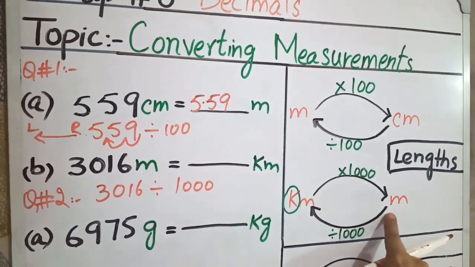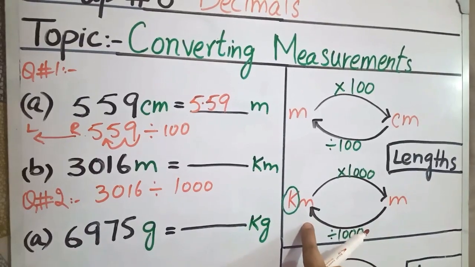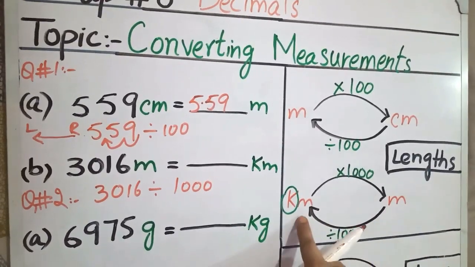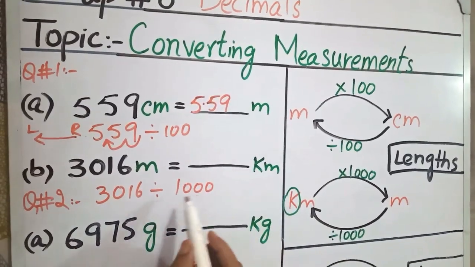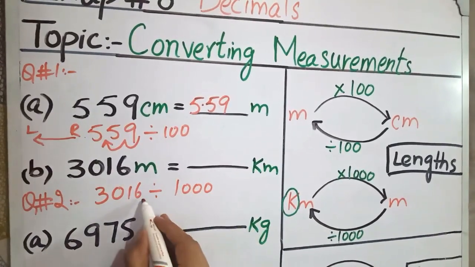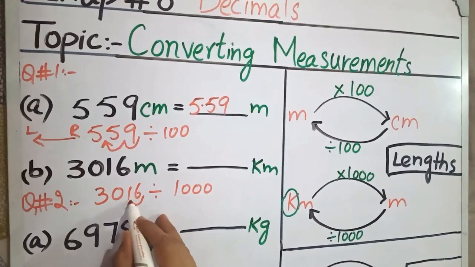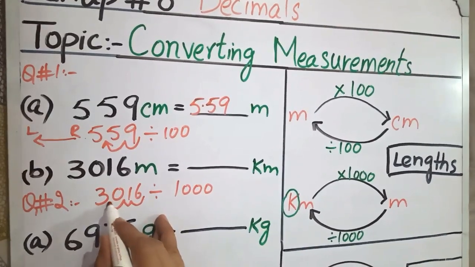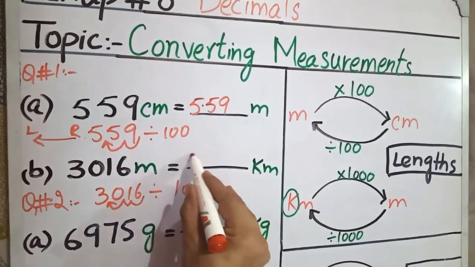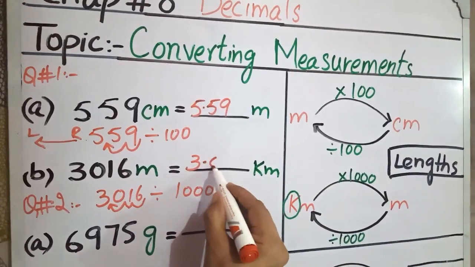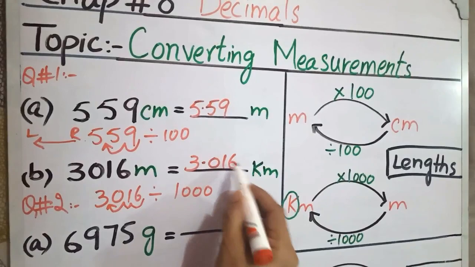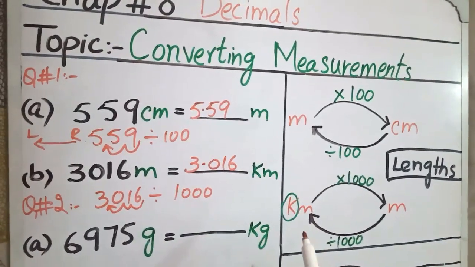Can you see the direction of the arrow from meter to kilometer? That's why we will move the decimal point 3 times towards left, and we'll get the answer 3.016 kilometers.